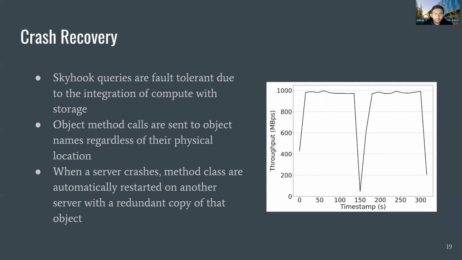So when a server crashes and restarts, irrespective of the new positions of the objects in the restarted server, since the object method calls that we use are above the redundancy layer, the object method calls just restart on the new location of the object, and the Skyhook query completes correctly.